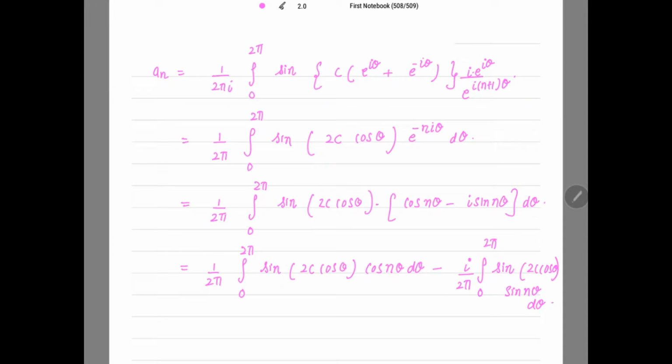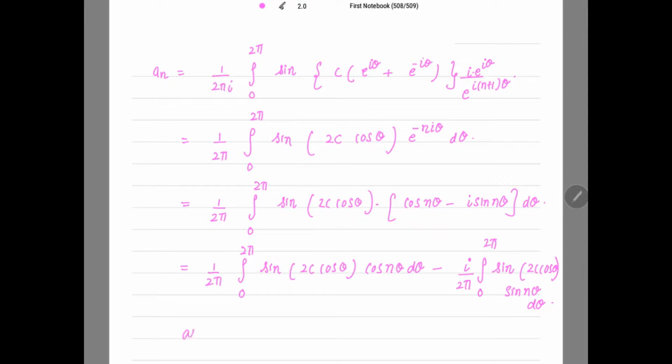Now how should this second integral be 0? We have read in our remark that if the integral from 0 to a of f(a minus z) is equal to minus f(z), then that integral is equal to 0.